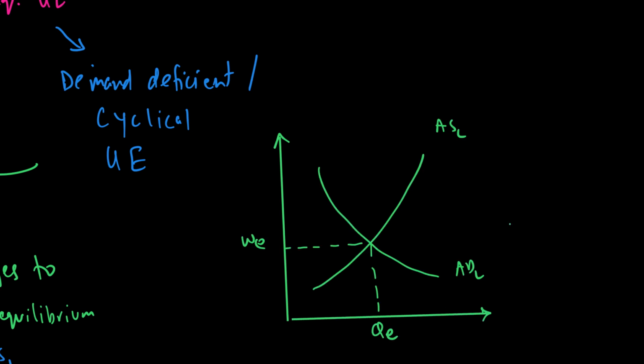Now in this case, if the aggregate demand for labor falls, let's say from ADL to ADL dash, because of, let's say, the business cycle, economic recession and all that, then ideally the wages should go to this point here and the new equilibrium will be formed.